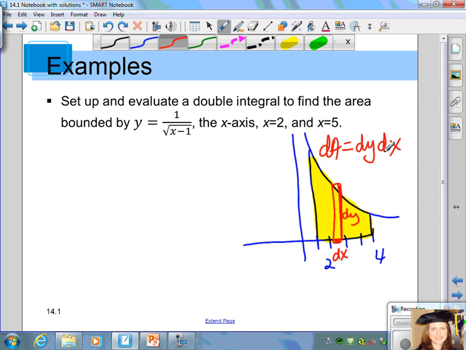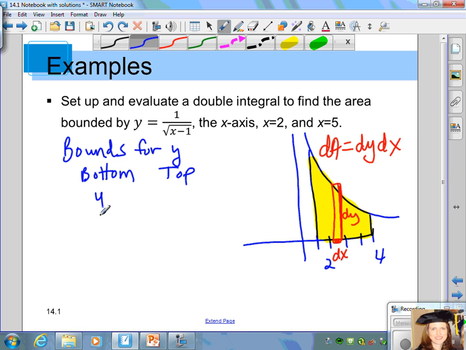So now that we have decided that it's vertically simple, we need to find the bounds. The bounds can be found by looking at the region in terms of the top and the bottom and the left and the right. To determine the bounds for y, since our inside differential is dy, we want to find the inside bounds looking at the bottom of that rectangle to the top of that rectangle.